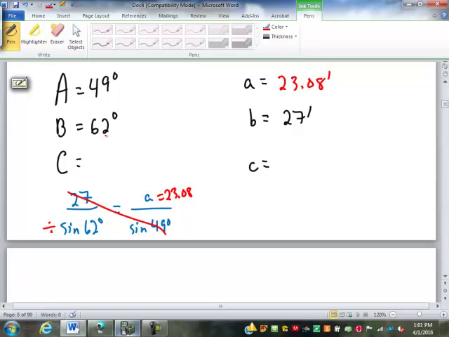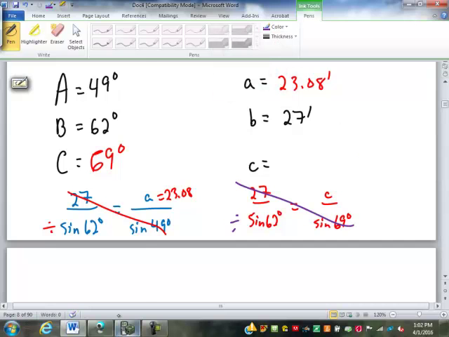C, of course, is 69 degrees. So side C, 27 over the sine of 62 degrees again, equals side C over the sine of 69 degrees.